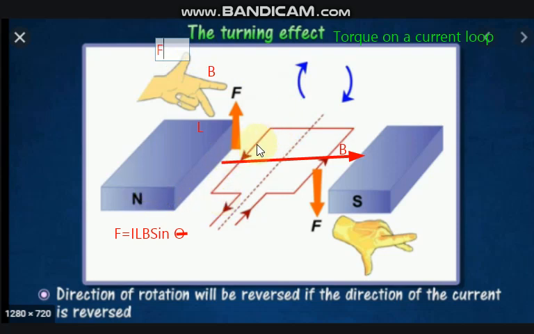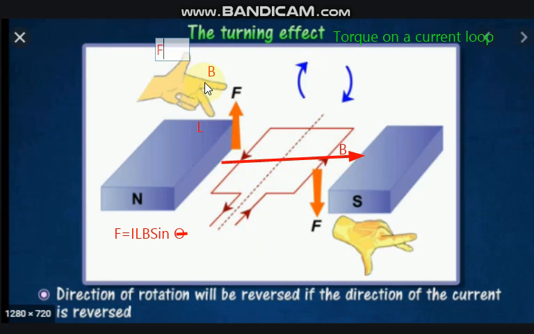Let me repeat it once again. How will we apply the left hand rule to determine the direction of the magnetic force acting on this segment of wire? We will stretch the first finger of the left hand in the direction of the magnetic field B, which is this.